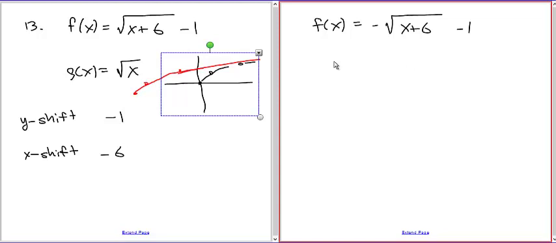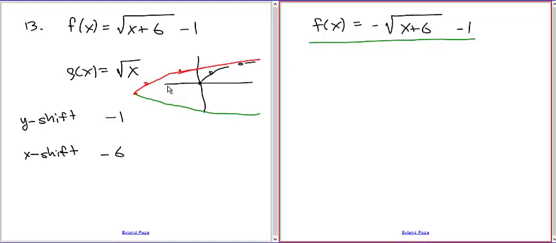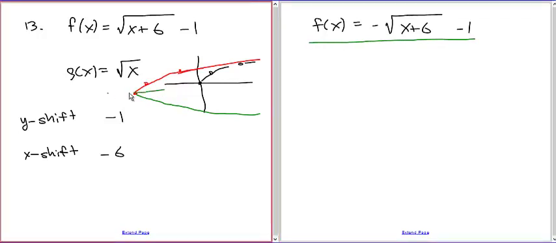So the only difference here is that instead of having this function, it would go this way, because this gives you an x-axis reflection. You do the reflection first, which is normally what you do, and then you shift y minus 1 and x minus 6. So that would be that scenario.